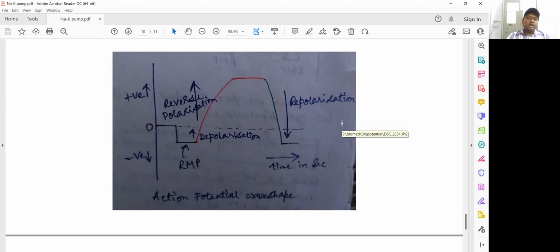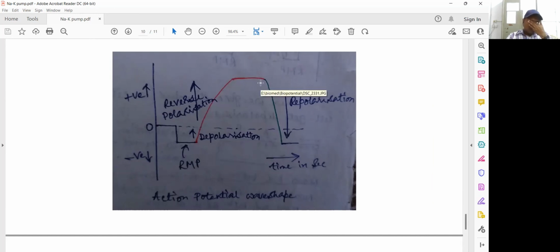But for the muscle cell, as the ion travel time is higher than in nerve cells, we will see a flat top.